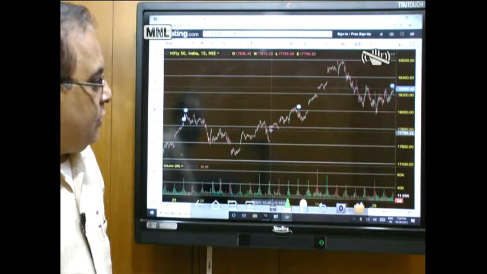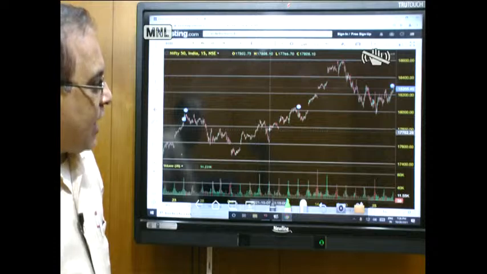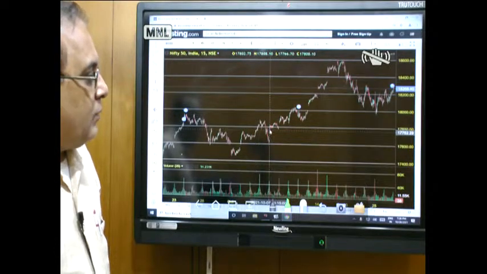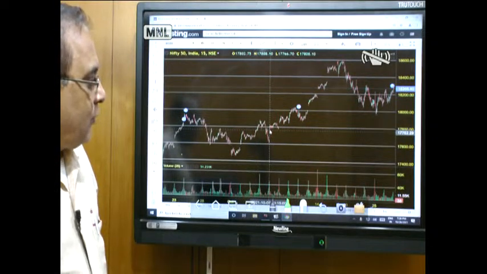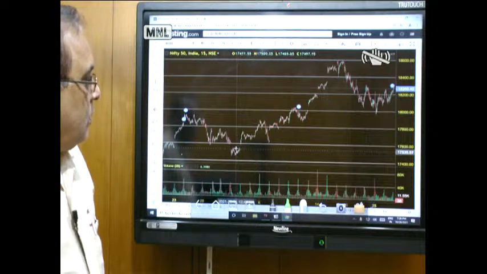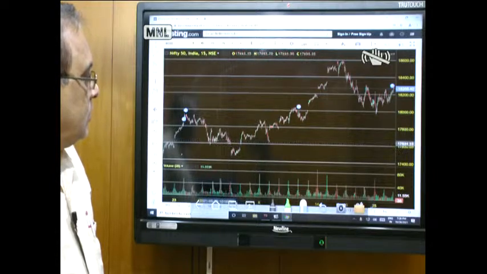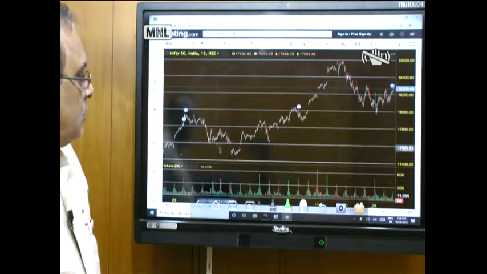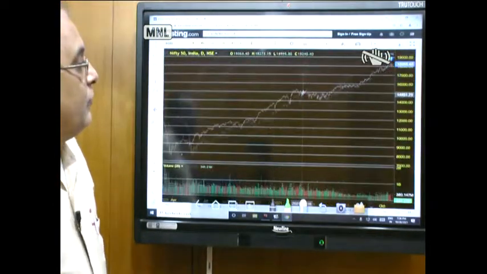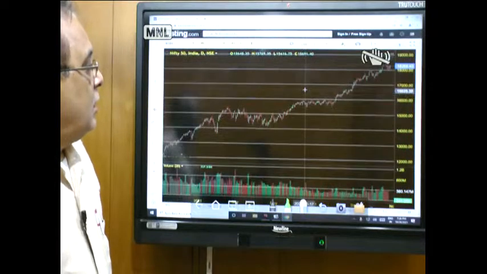Once you see the price continues to rally above that, you can put that particular day's low as a stop loss. Let's look at the gap up days before you go to the smaller chart.